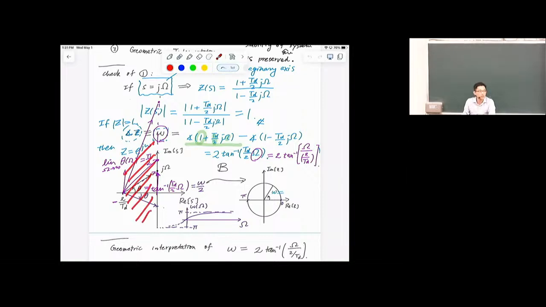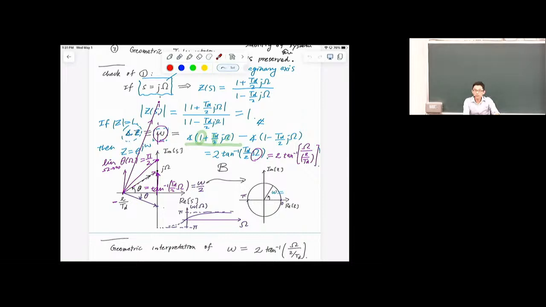But imagine that we are going now along this path. Then what is the left-hand side? It is the inside of the unit circle. So just by the basic property of conformal mapping, we know that the transformation also maps the left-hand side of the S-plane to the inside of the unit circle in the Z-plane.